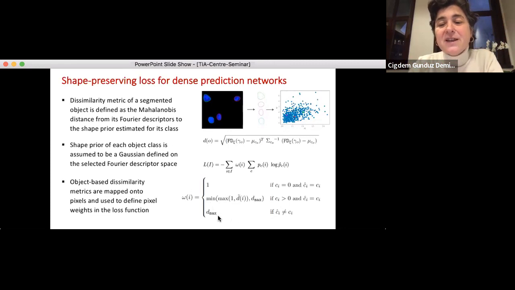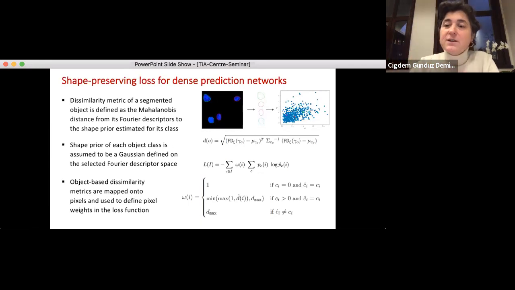But if it does not overlap anything, you're not using that dissimilarity metric in the definition of any of the pixels, because there is no overlap. So if you identify an object here, it is a false positive. If it is a false positive, it is penalized with that weight value.